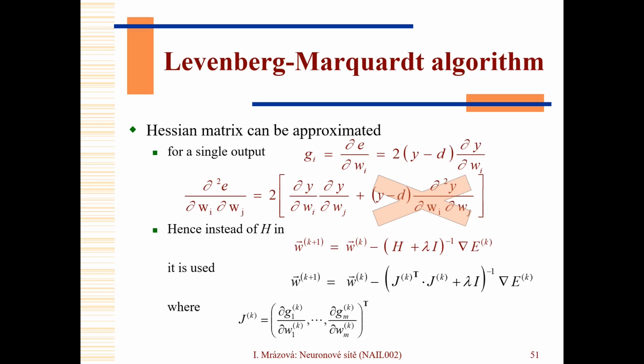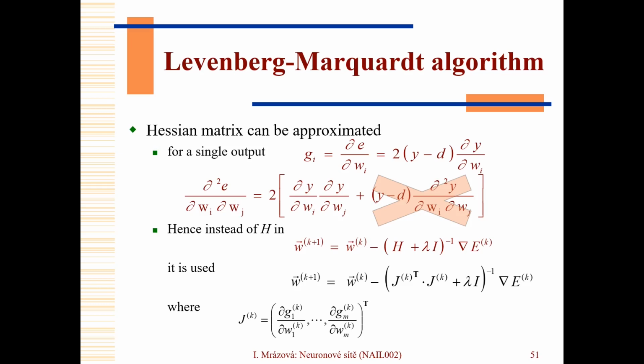So we can now replace the function H by the product of two Jacobians, basically the product of two gradients for the actual outputs.